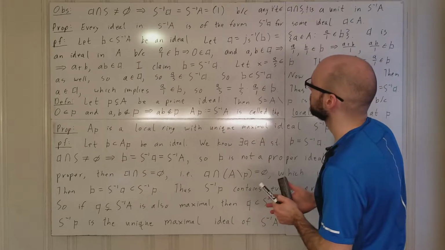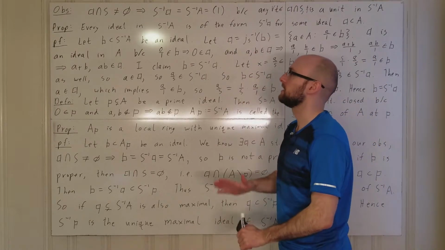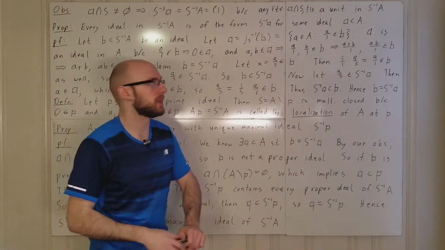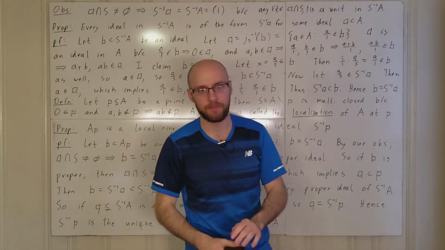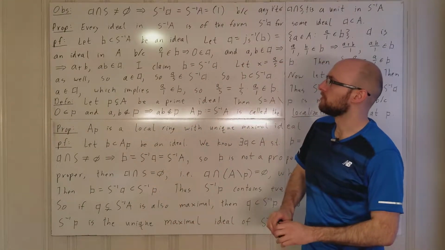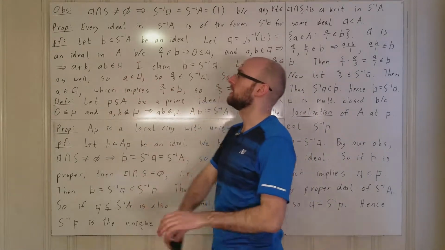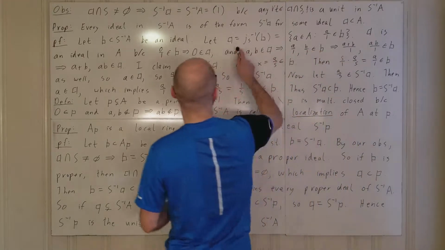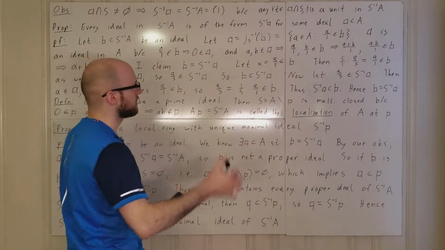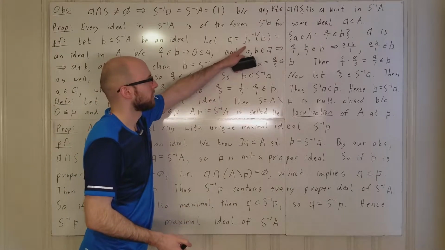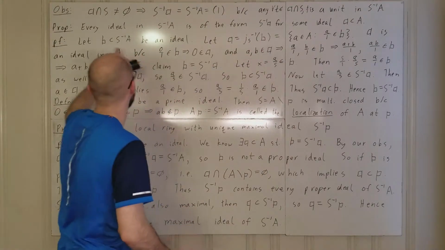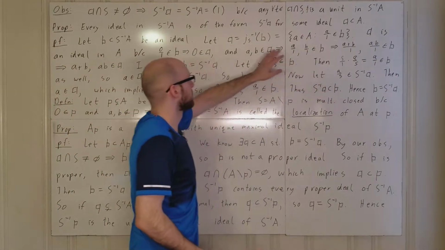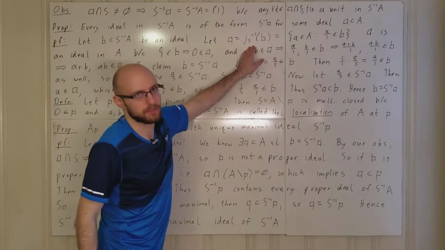So yeah, this is a useful fact: every ideal in S inverse A is of the form S inverse fancy A, where fancy A is just some ideal in A. To prove this, you consider any ideal B in S inverse A, and you let fancy A be the inverse image under this J_S map of that ideal that we started with. So this is everything in A such that a over 1 is in B, because that's what elements in this inverse image look like.